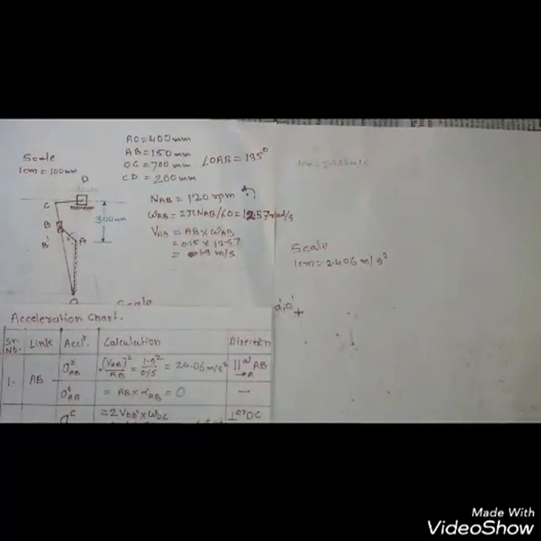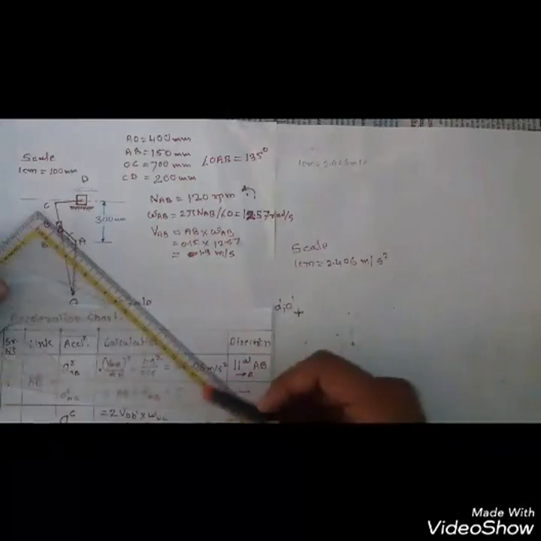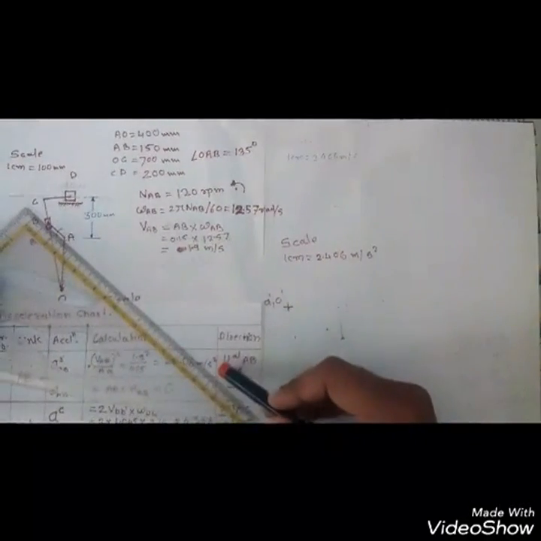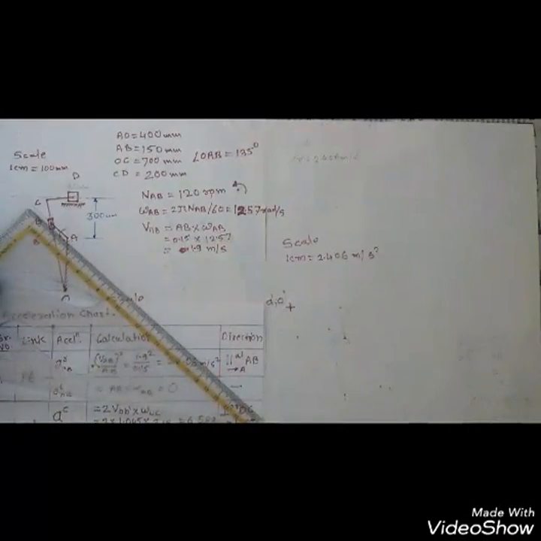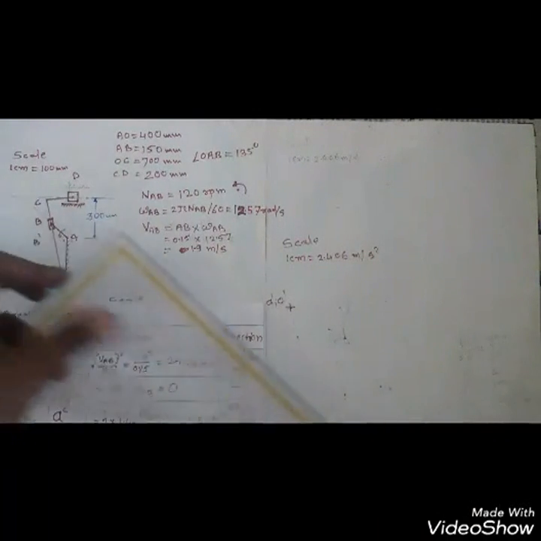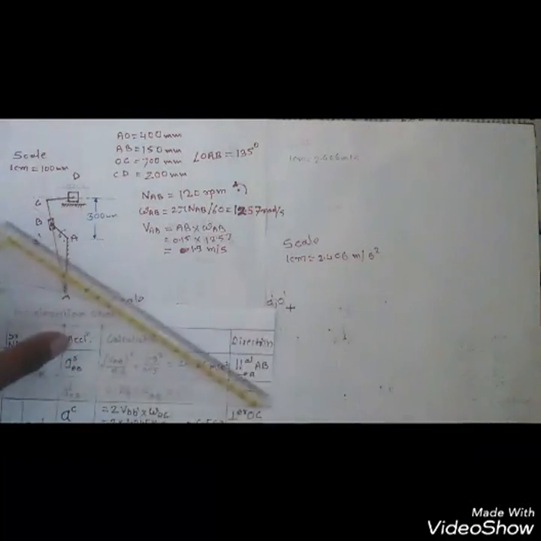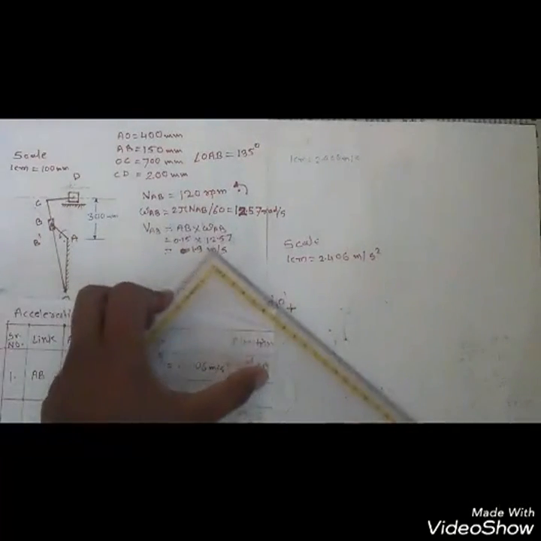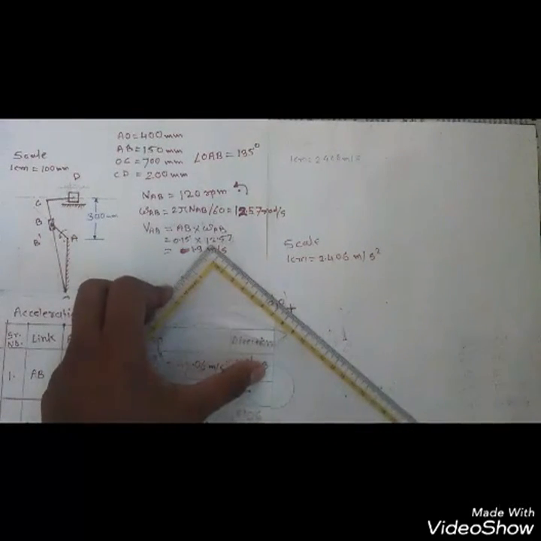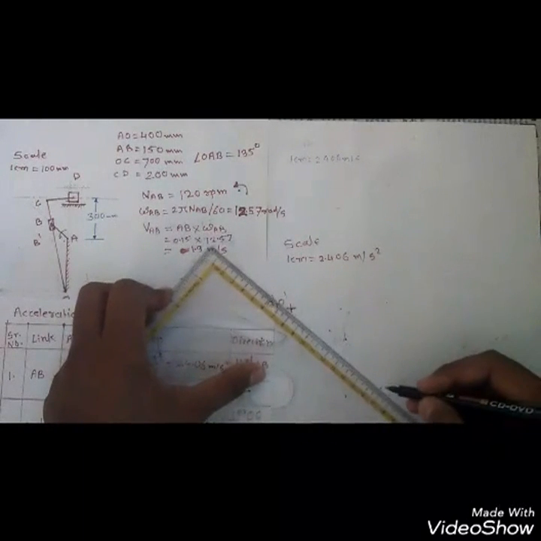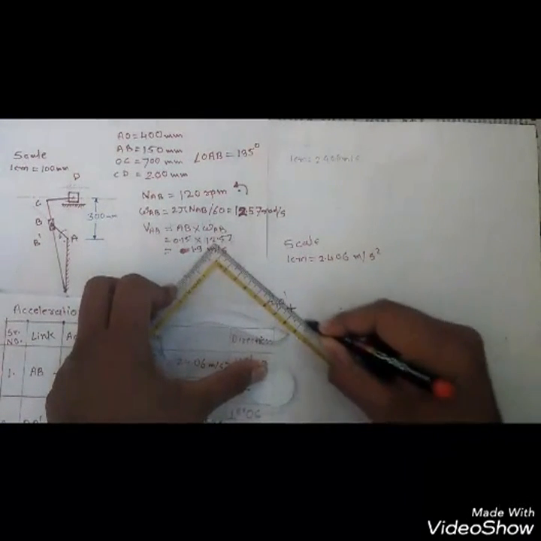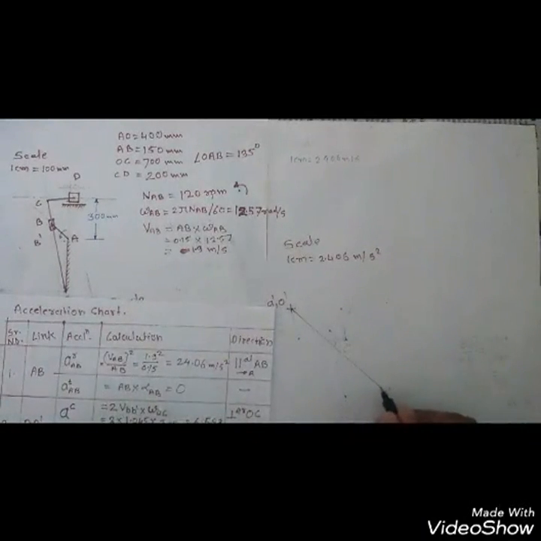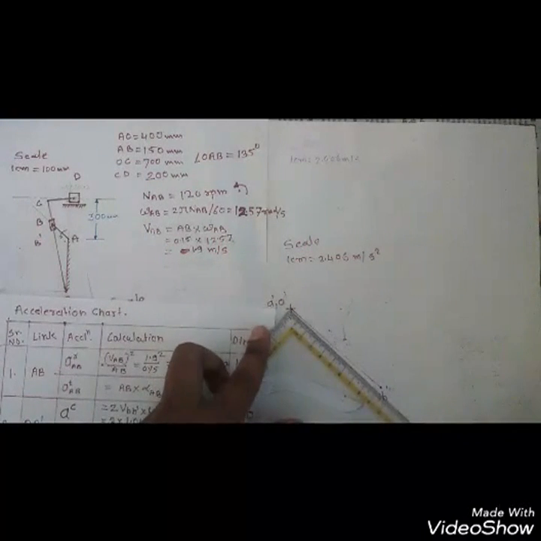We can draw first acceleration vector, radial component of link AB. It is parallel to AB and passing through the fixed point, and as per the scale, the first vector here will get a point P dash. This is 10 centimeter.